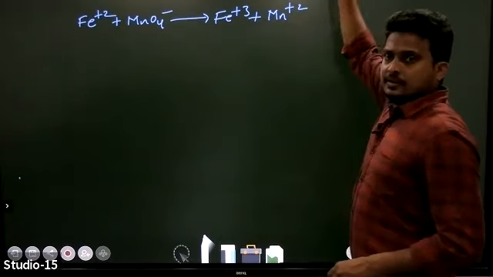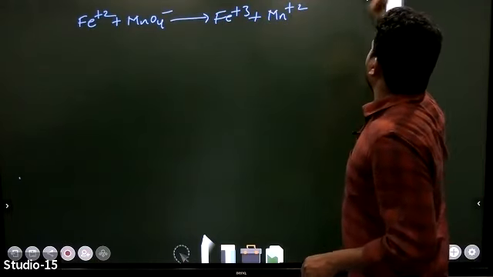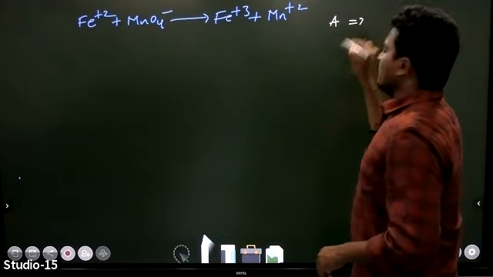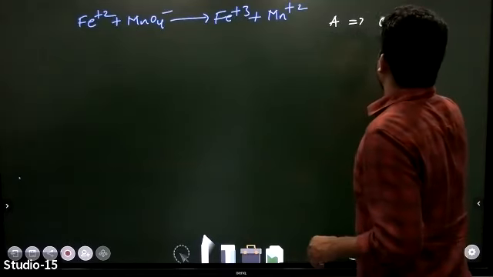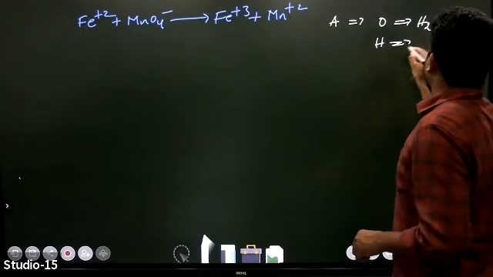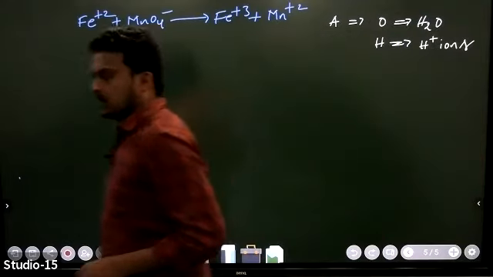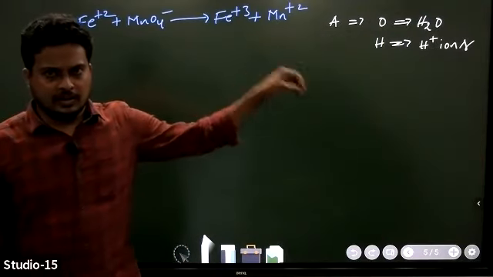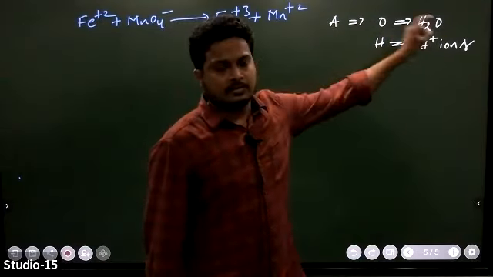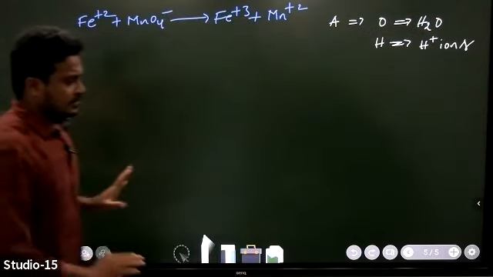In balancing in acidic medium or basic medium, first listen, in acidic medium, oxygen atoms are balanced by adding H2O molecules, and hydrogens are balanced by adding H plus ions. Not only in the oxidation number method but also in the ion electron method, in these two methods, this is most important.